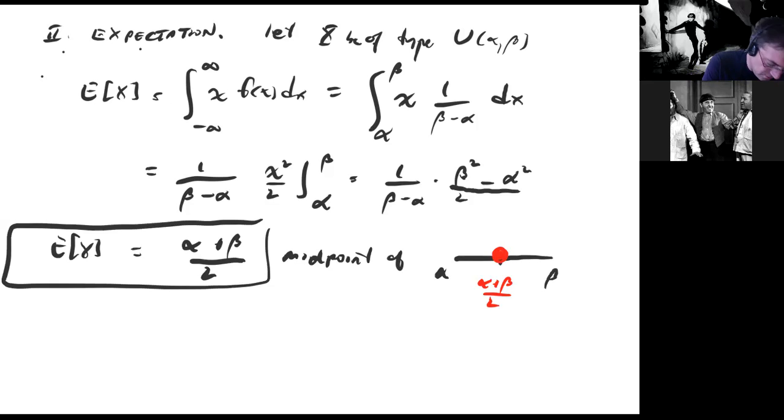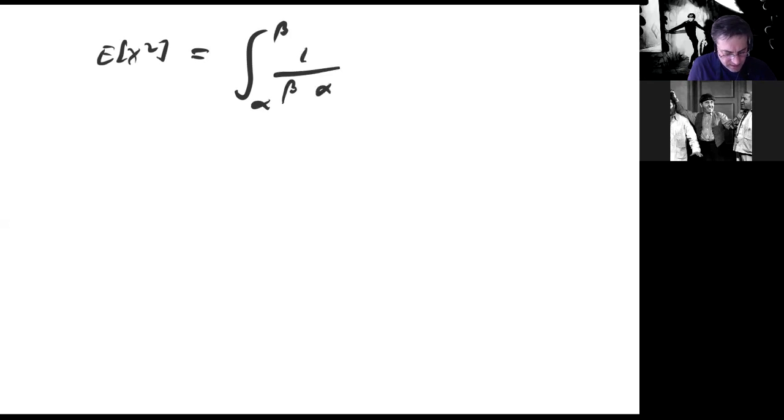Now I want to compute the variance. That's going to take a little more calculation. In order to calculate the variance, what I'd like to do is calculate the second moment first, and then we'll use the usual formula that relates the variance to the second moment. Okay, so let's talk about E of x squared. So that would be the integral as before. You're integrating from alpha to beta. That's where everything is supported. 1 over beta minus alpha, that's the PDF, times x squared dx.